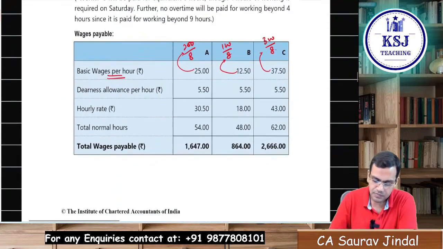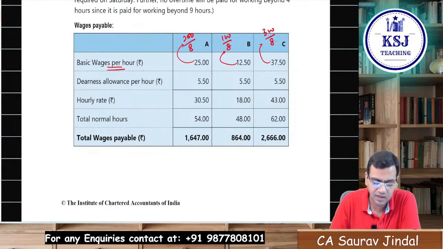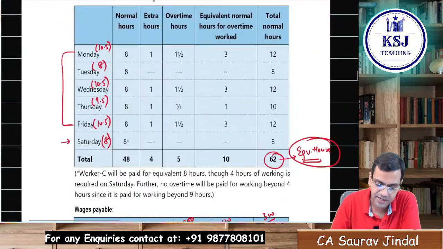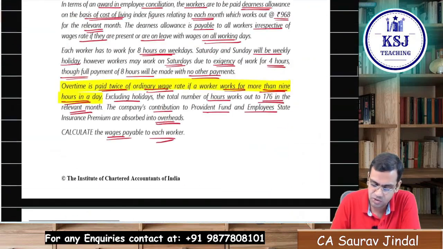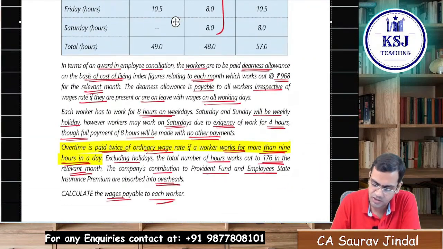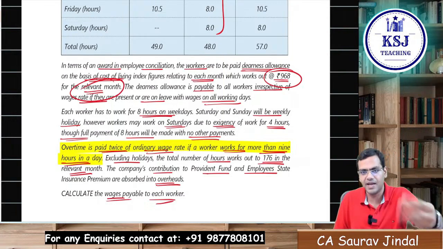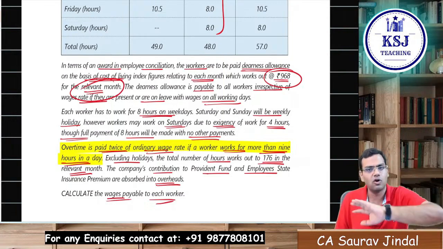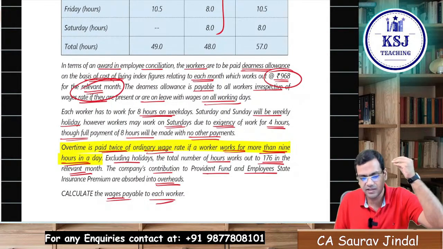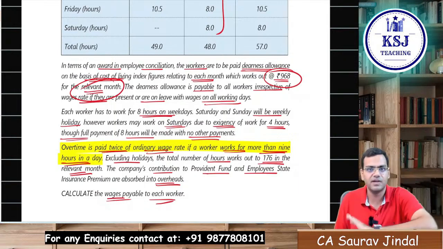Clear? So the next part, the total wages is basic wages plus the DA. It is given as DNS allowance, based on the cost of living index, which turns out to be 968 for the relevant month, and it is to be paid irrespective of anything for all the number of hours. Whether the worker is working or not working, it is to be paid.